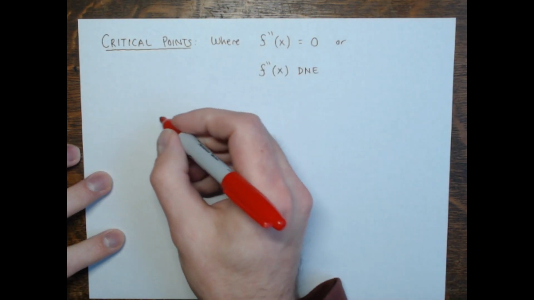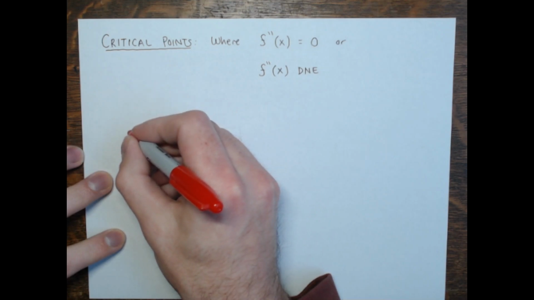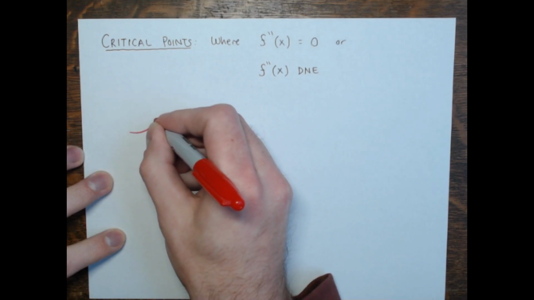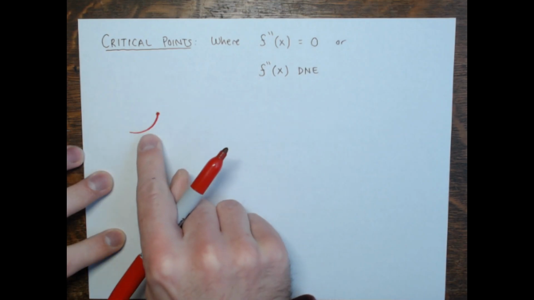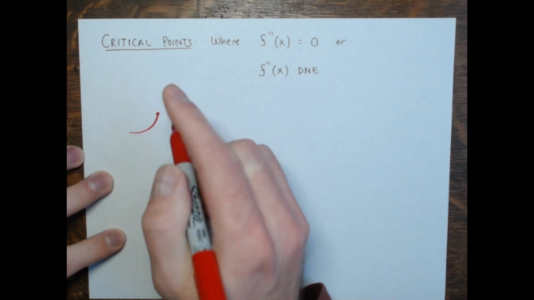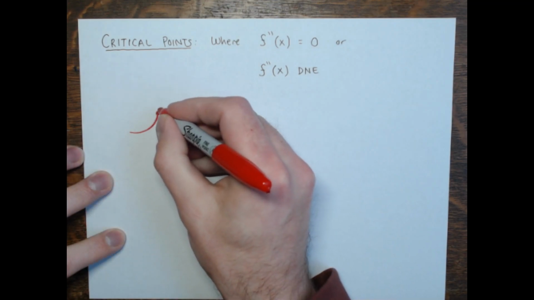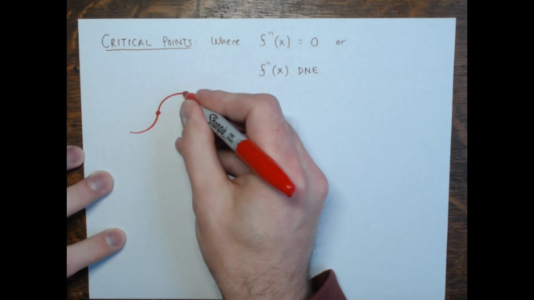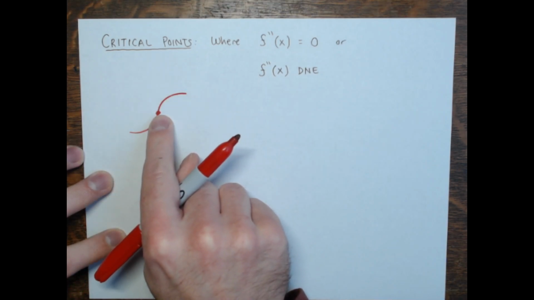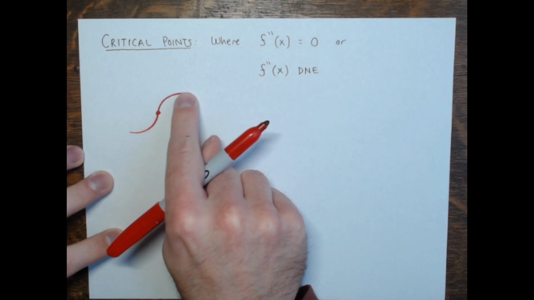So for some examples of things like this, maybe a graph is concave up, so the second derivative is positive, and then at some point it becomes concave down. It curls up, hits a point, curls down.